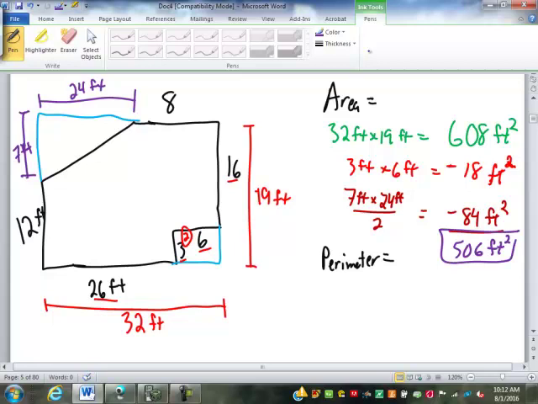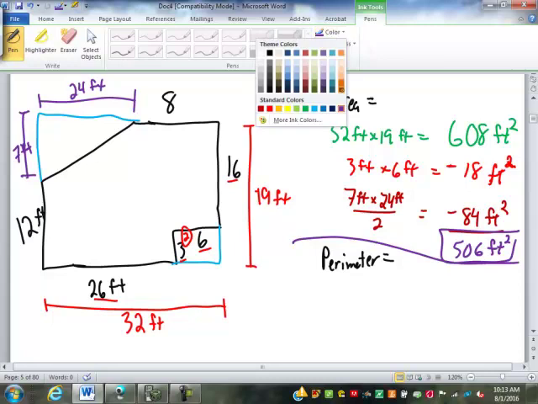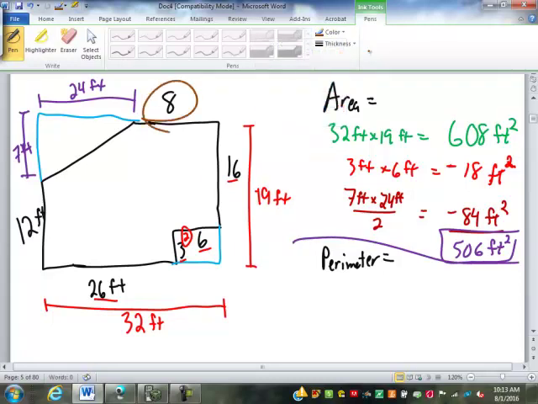Sound great? How many of you had 506? A couple of you? It's not too bad. Once you've found the area, the perimeter of this is a little bit easier. We have the lengths of all these sides to add up, except for that one.